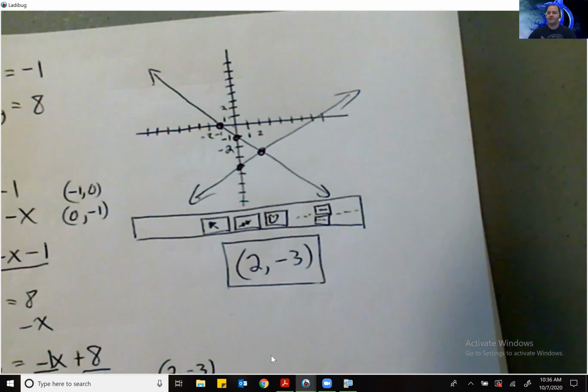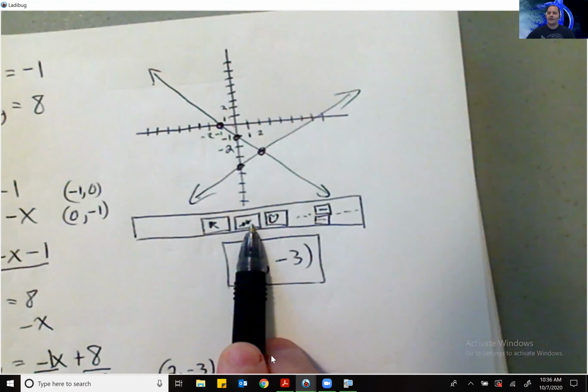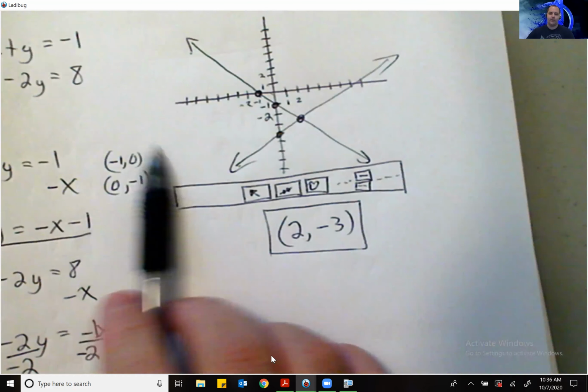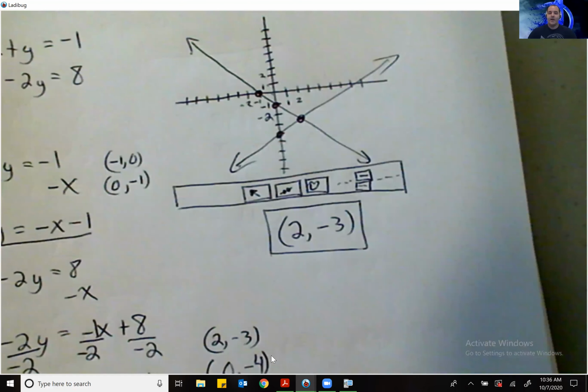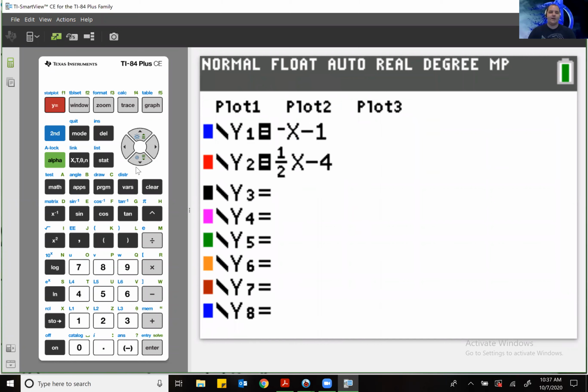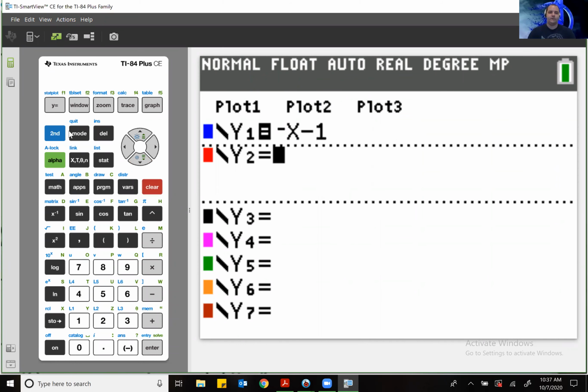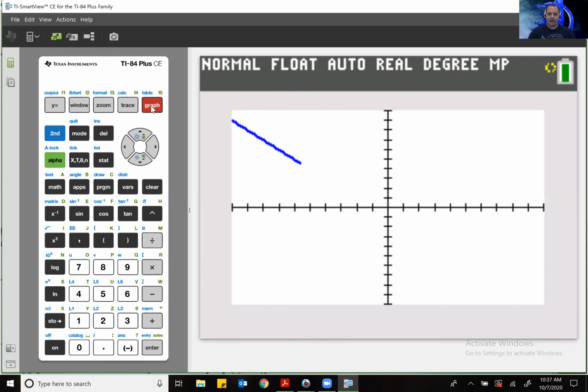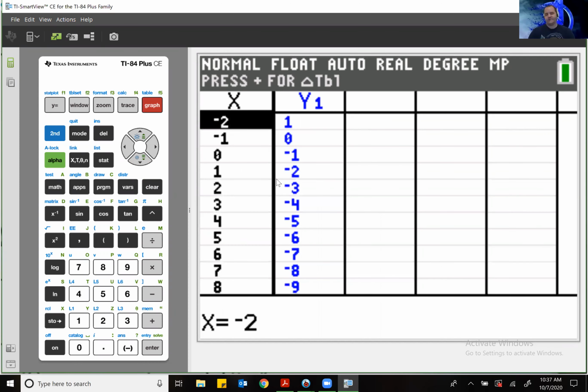Again, when you're graphing this, you're going to select the line and then use your graphing calculator to tell you 2 points to work with. If it helps, I know I put both of these lines on at the same time. If it helps, then only do one line at a time. So here's what that line looks like. Hit second, graph. There, it's less confusing.